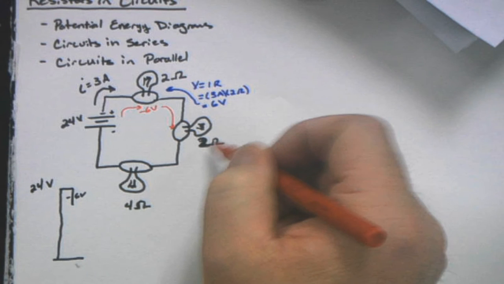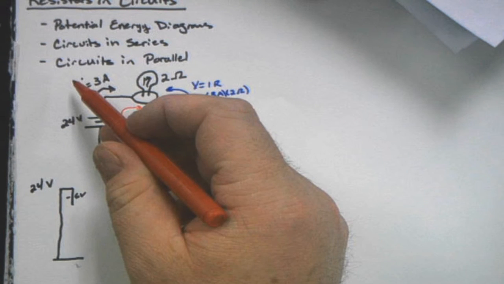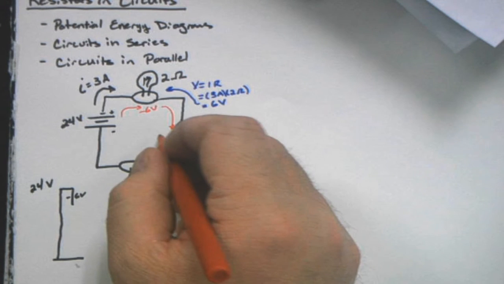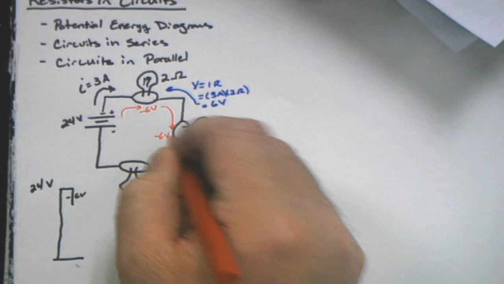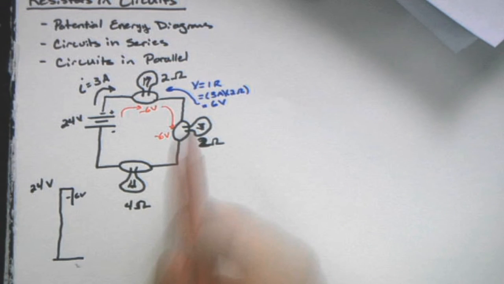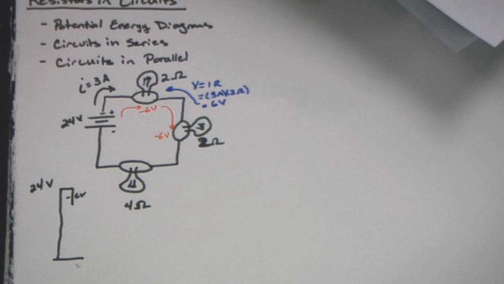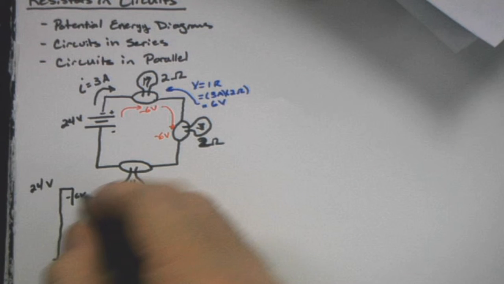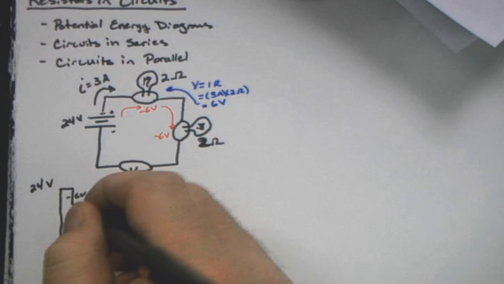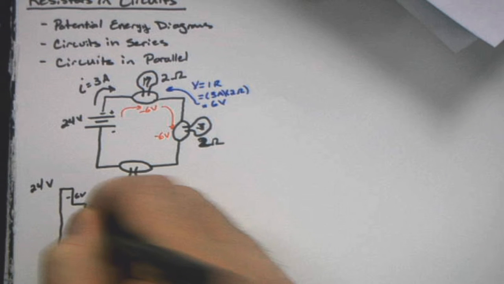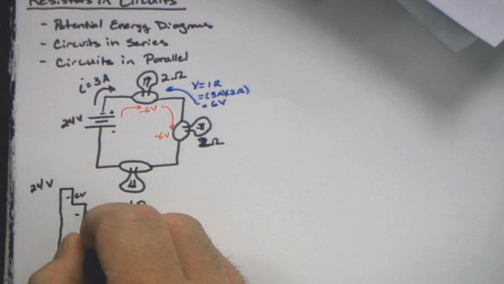This 2 ohm resistor with these 3 amps is going to give us another negative 6 volts as we go through here. It's going to take away 6 of our volts. And so we lose another 6 volts, negative 6 volts.